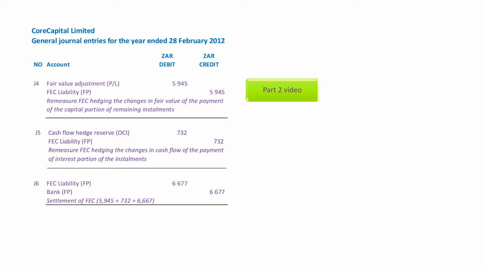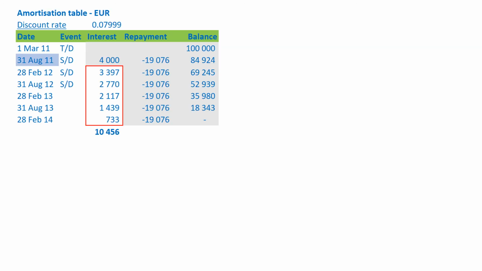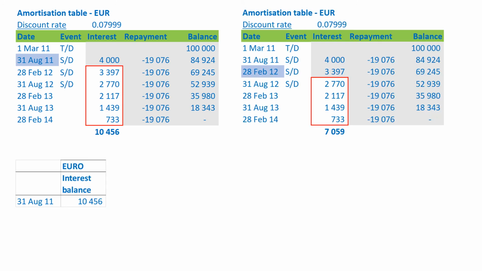The next movement that we need to account for is the realization of our cash flow hedge reserve. If you remember, our interest balance as at 31 August 2011 was 10,456 euros. And our interest portion as at 28 February 2012 is 7,059.